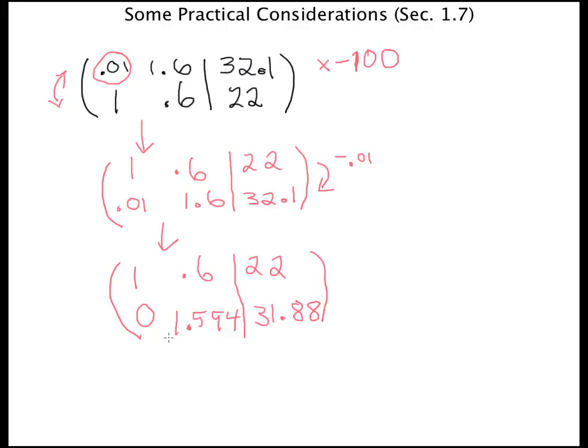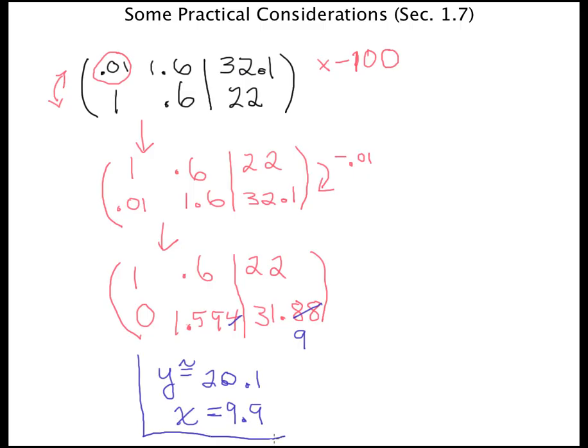Let's call this 1.59. Let's cross that out. And let's call this 31.9. And then if you proceed, what you conclude is that y turns out to be approximately 20.1 as before, and x turns out to be approximately 9.9.